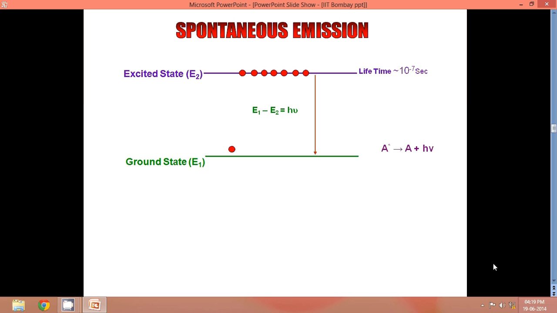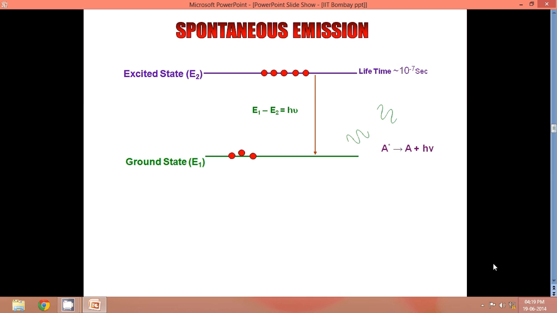Now look at the next process, the spontaneous emission. The name itself is telling: spontaneous. That means we are not giving any external energy or excitation for the atomic system to take a downward transition. Suppose the system is already in an excited state and the lifetime of the state is 10 to the power minus 7 seconds.